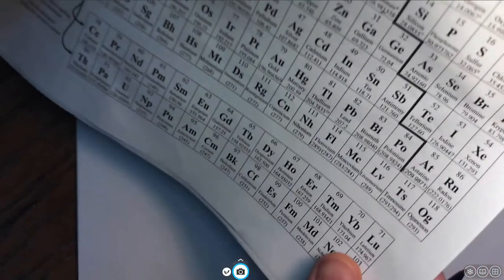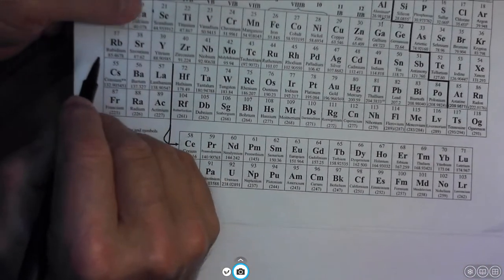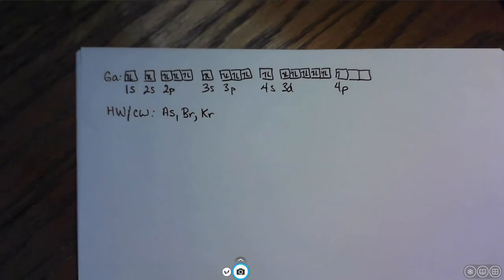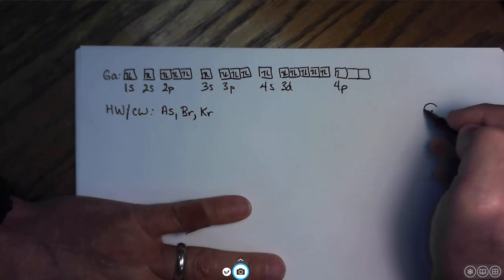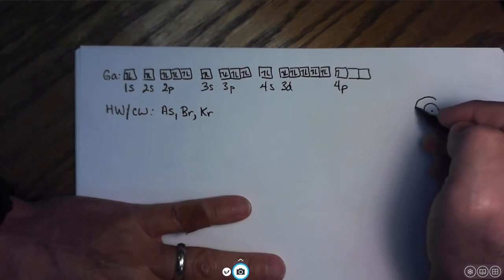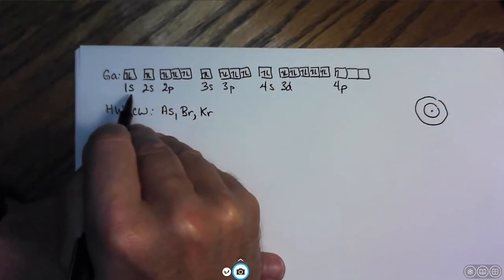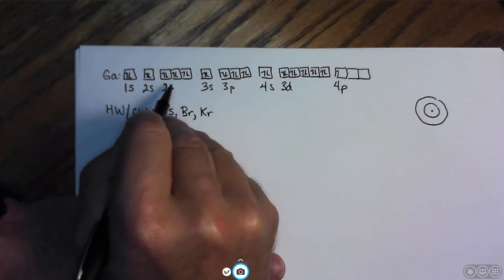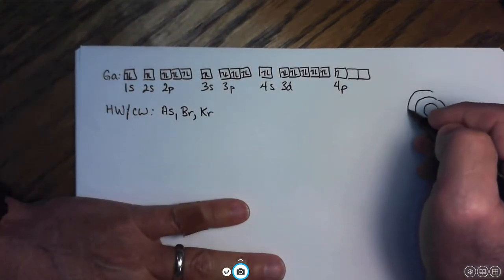Okay, and then when we get down here to rubidium, now that's a whole new primary level. So remember, we had the nucleus here, and we had electrons in the first primary energy level, electrons in the second primary energy level. The first level is here. The second level includes both of these sublevels here. Then the 3rd primary level.